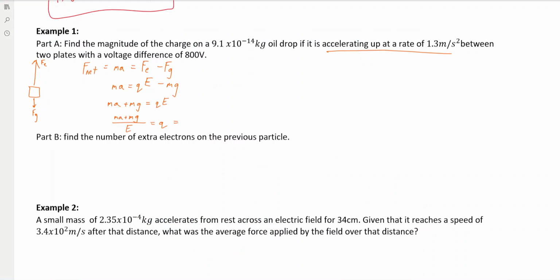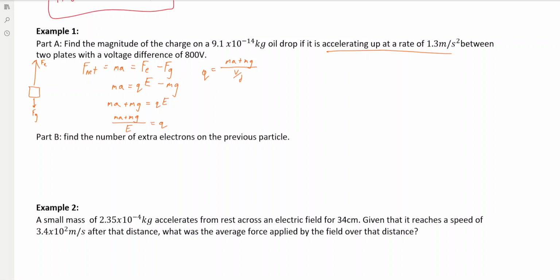Okay, so Ma, let's maybe just take another step. Q equals Ma plus mg over V divided by D, I believe it is. Yes, indeed. Okay, so that's the denominator.